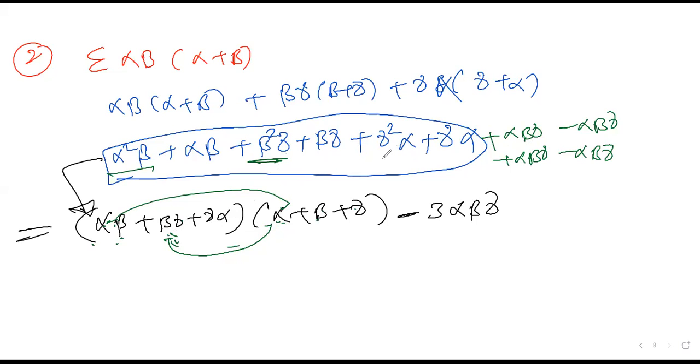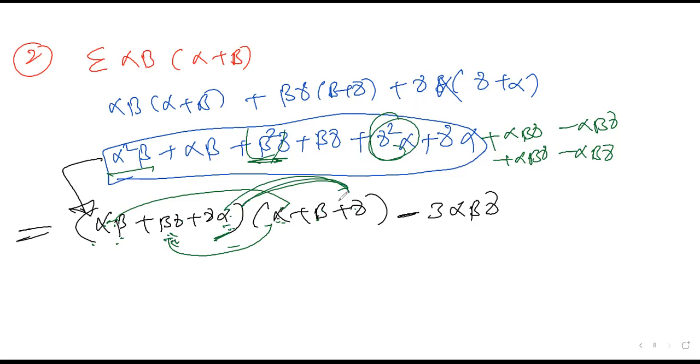Next here, if you go here, alpha square gamma. Alpha square gamma is available. Where is it? Beta, right? This is beta square gamma. It is available here. Alpha square gamma is available here, right?